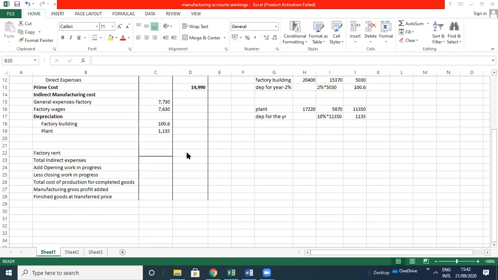Now, some rectification, please. I want to rectify something. If you read note number 7, note number 7 is saying that depreciation is to be provided on cost. The way we have done it here is the normal way you are supposed to account for it.